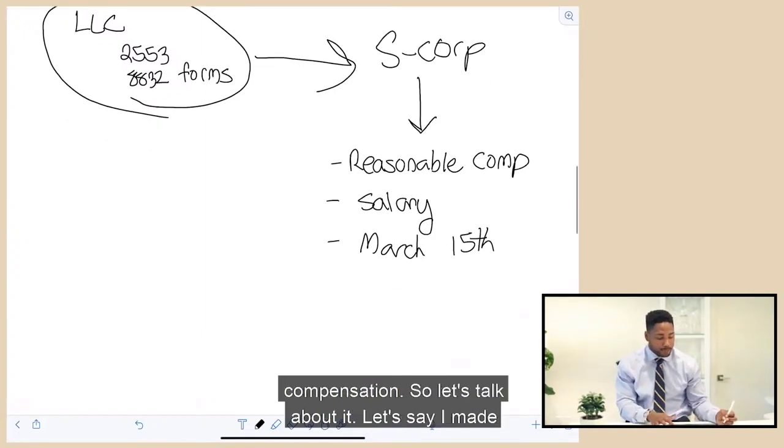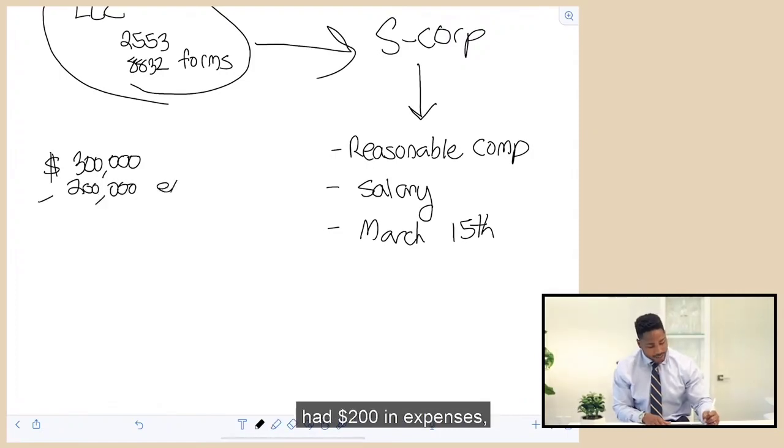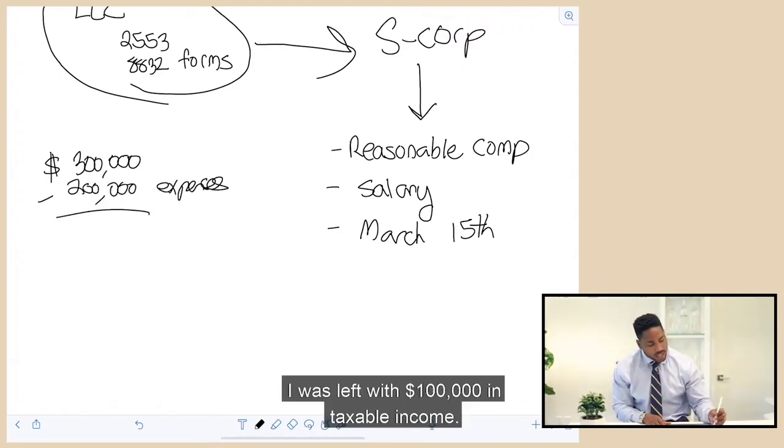So let's talk about it. Let's say I made $300,000 in my business, but then after all expenses, and I had $200,000 in expenses, I was left with $100,000 in taxable income.